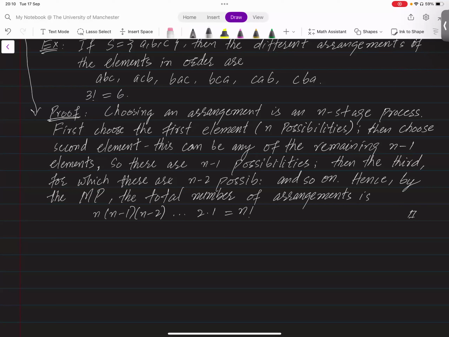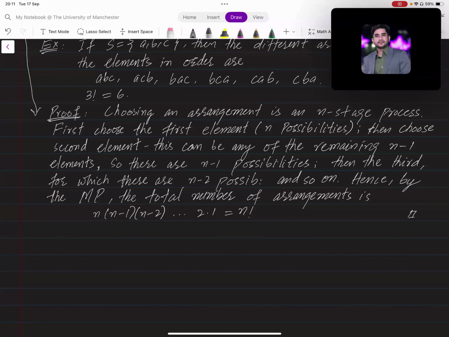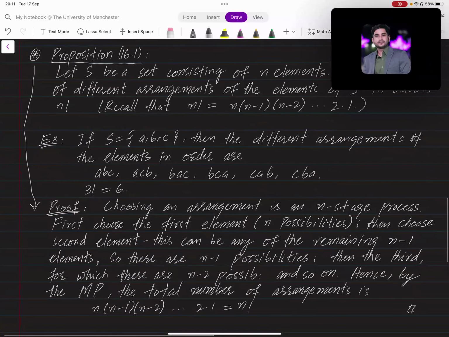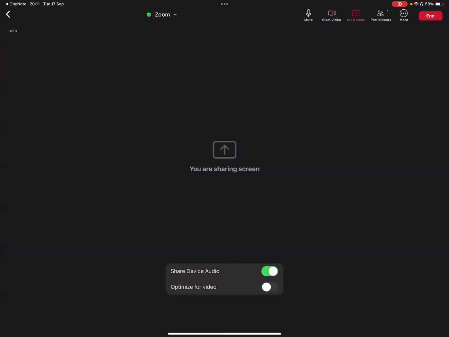And that is the proof of our proposition. Perfect. Here we will end this part of this lecture. We'll talk in a different one about the binomial coefficients and the binomial theorem.